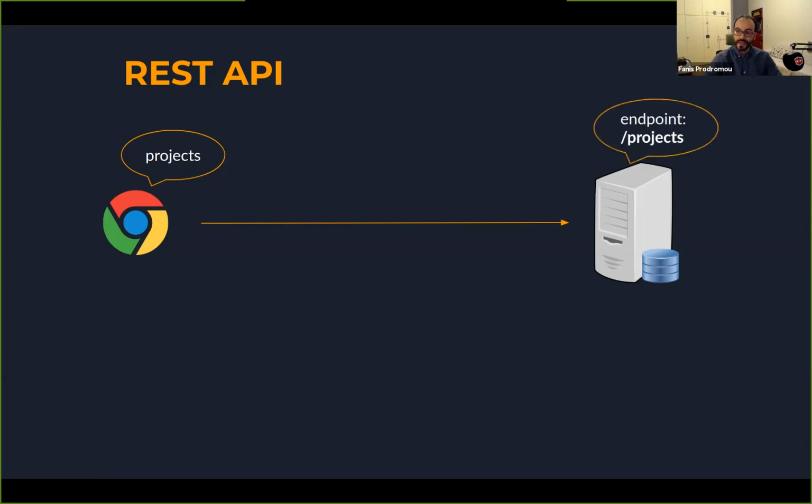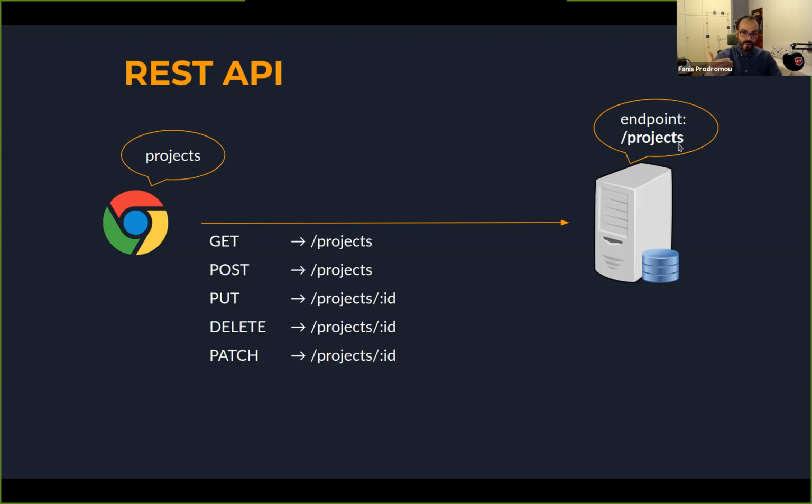So the backend is like, okay, I know what I have to do. I have to create an endpoint, and this is going to be projects, like we see here. So from now on, the client, in order to play around with the backend, either for get, post, put, delete, or patch, all of these verbs, all of the communication is going to be under this endpoint.